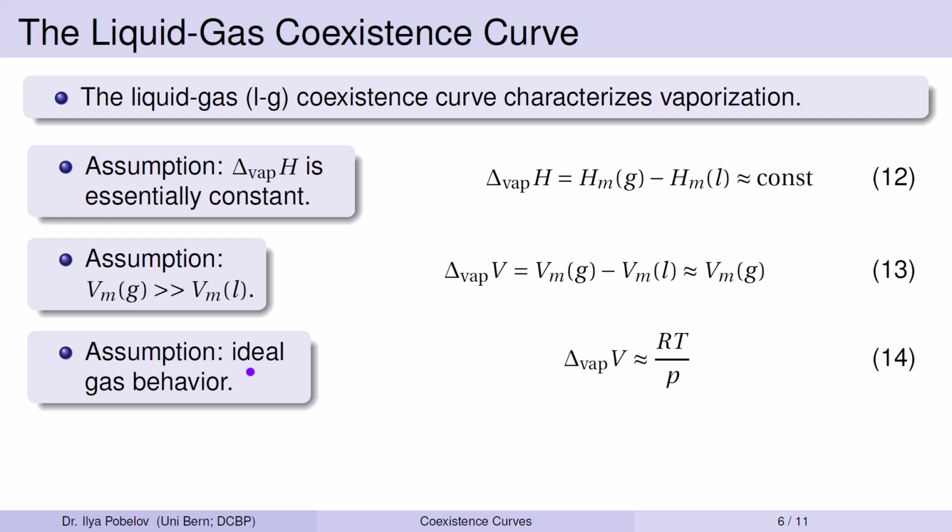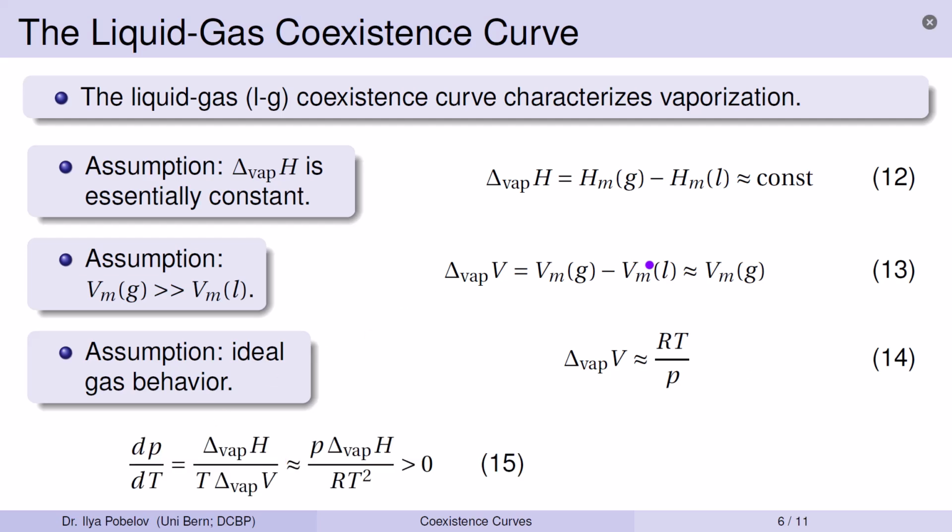If we further assume ideal gas behavior, the change in molar volume during vaporization is approximately RT over P. From these assumptions, we derive the relationship between the change in pressure and temperature during vaporization as dP over dT equals P times ΔvapH over RT squared. Unlike for the solid-liquid coexistence curve, the slope of the liquid-gas curve is always positive.